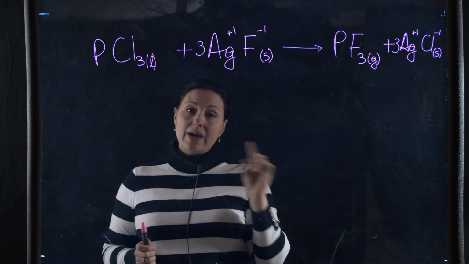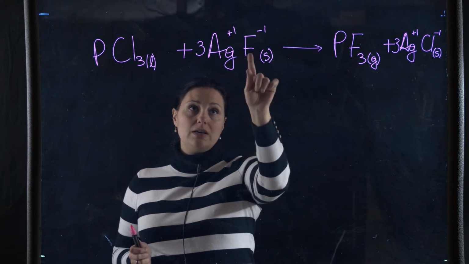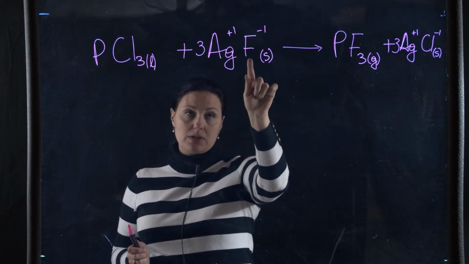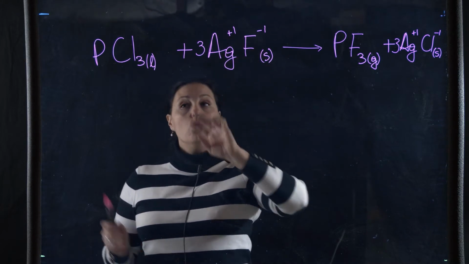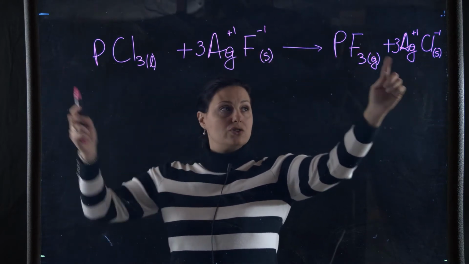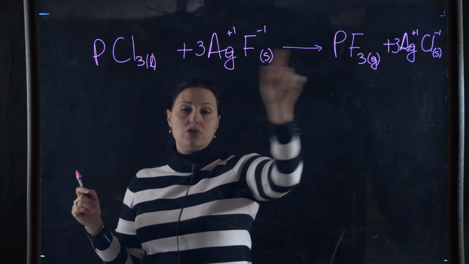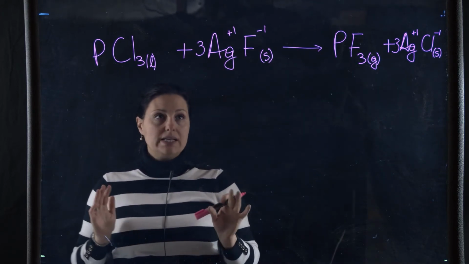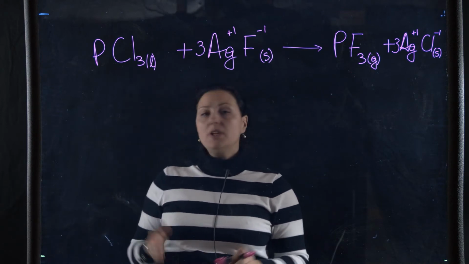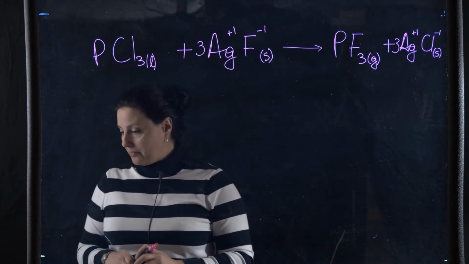When we're writing neutral compounds, we do manipulate the subscripts because we're writing the compound. When we're balancing whole reactions, we never mess with the subscripts. We manipulate the coefficients in front of the molecule. Big distinction there. Let's look at the next problem.